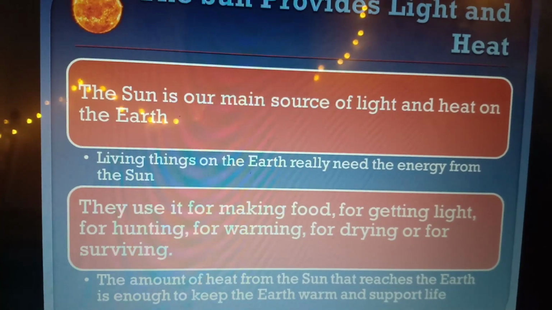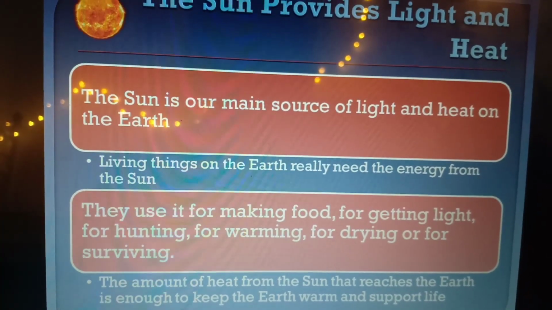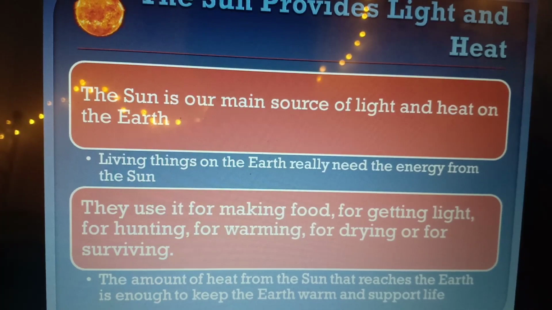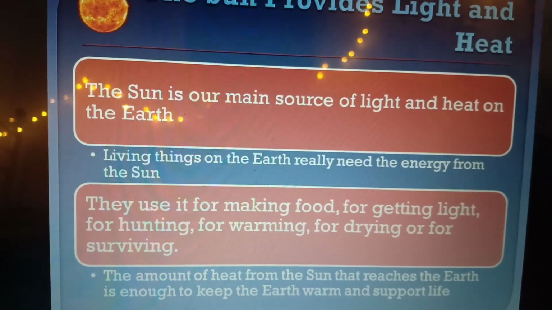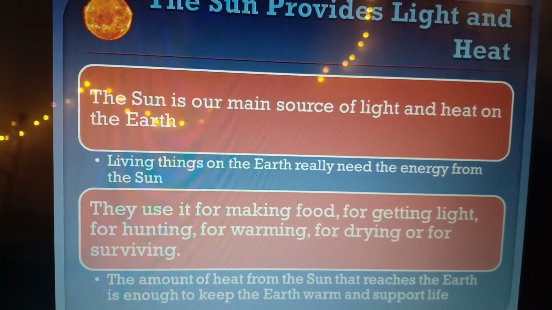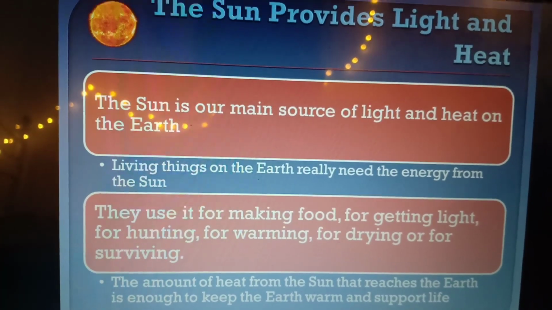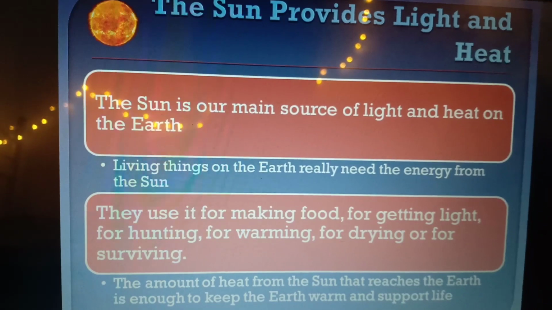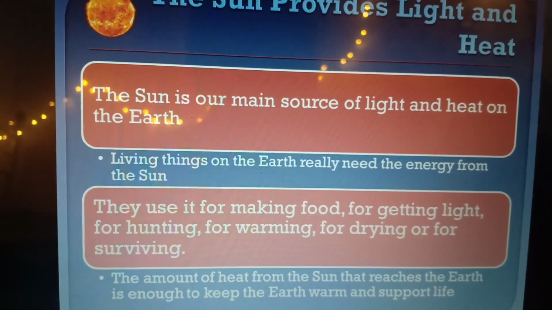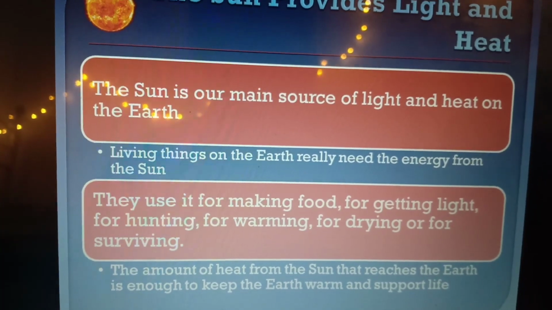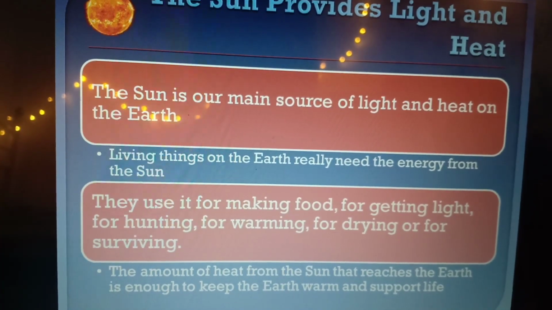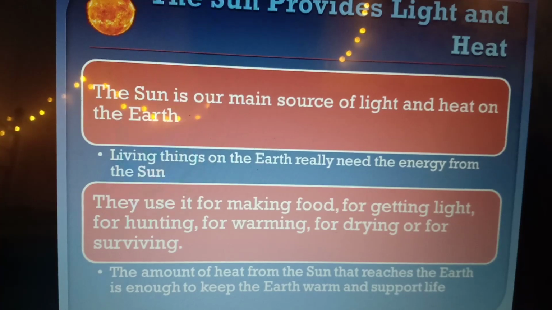Their body can work properly if they gather enough sunlight, and they are able to find their prey or their food on their own because of the sunlight. And especially for humans, we cannot stay in low temperature.